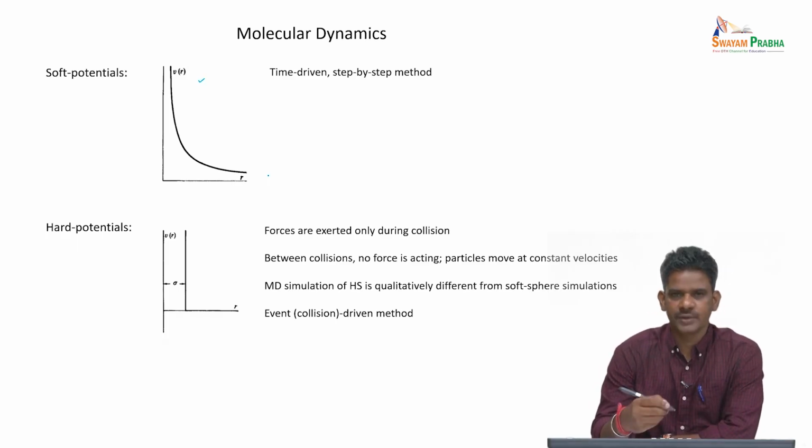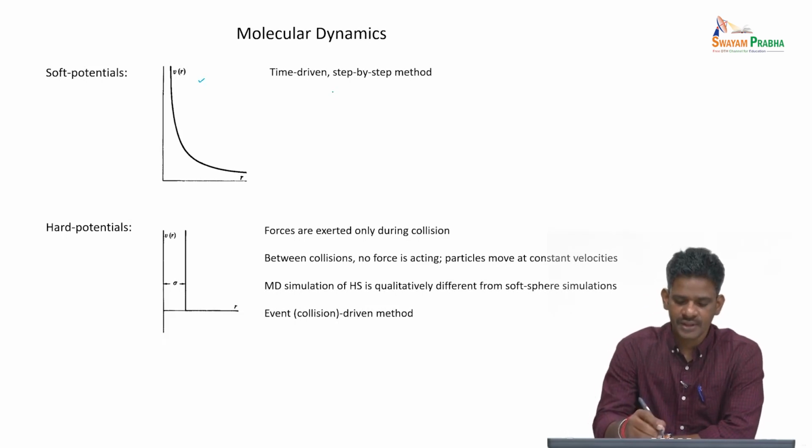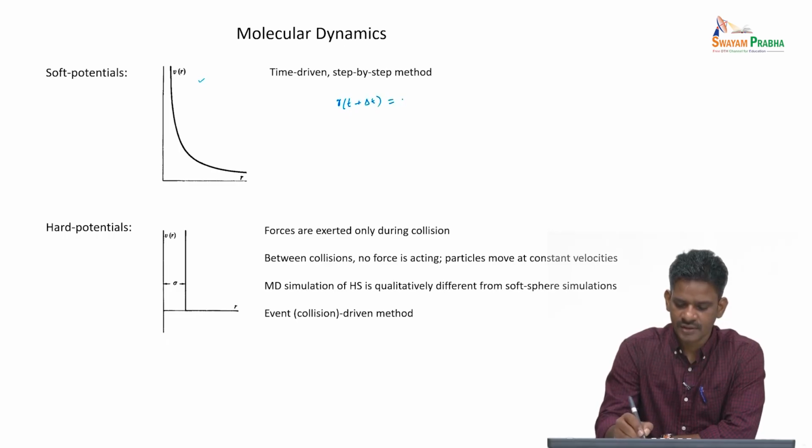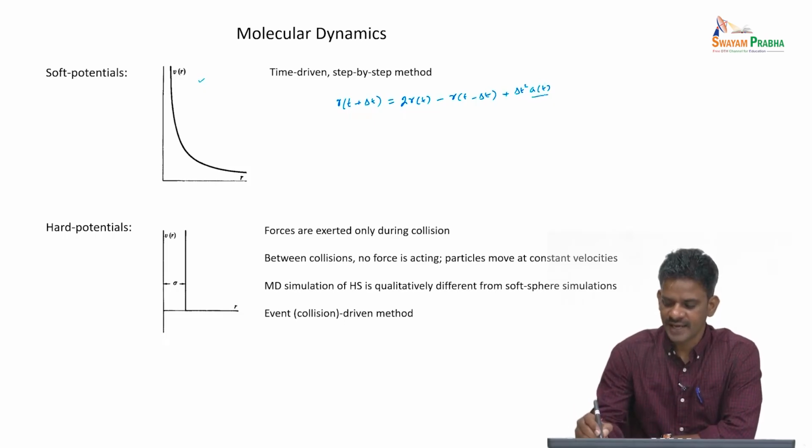And if you recollect the way we advance positions and momenta of the particles in the system, for instance, if you look at the Verlet algorithm, where the particle position is updated using the current position and the position at the previous time step, plus the acceleration.